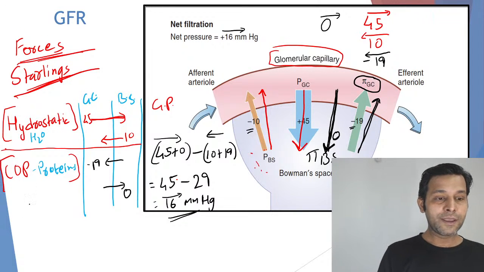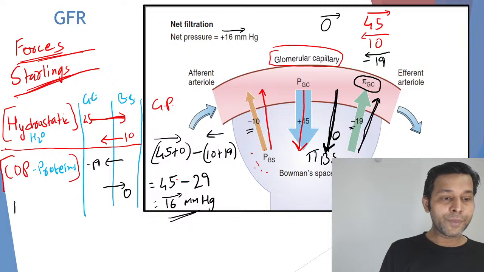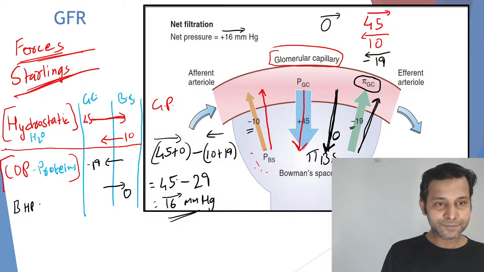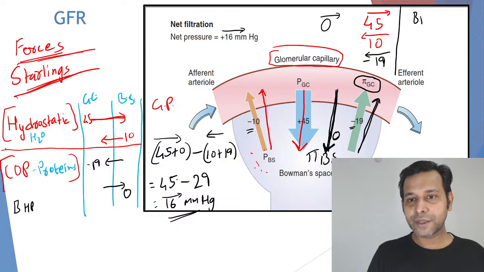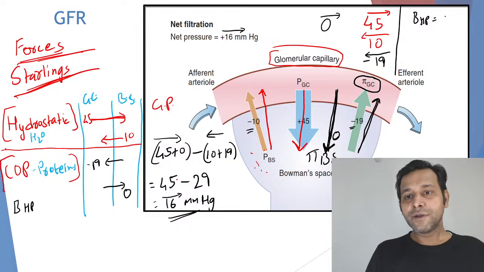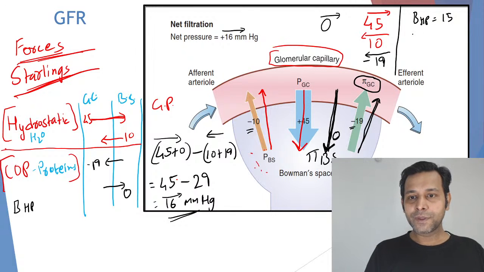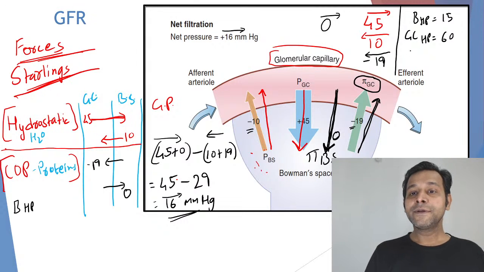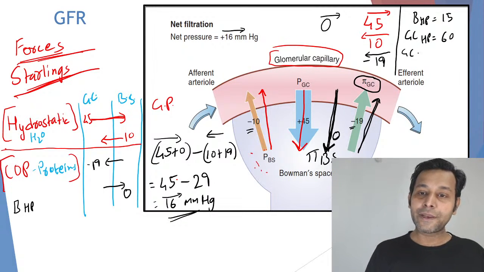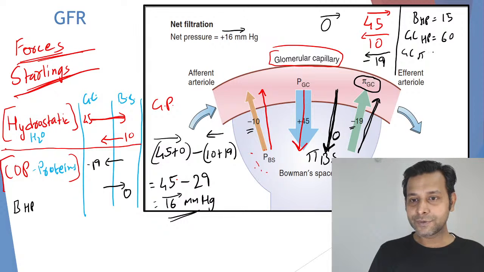Suppose the Bowman space hydrostatic pressure is 15, and glomerular capillary hydrostatic pressure is say 60, and the glomerular capillary oncotic pressure you can say is 30, and Bowman's space oncotic pressure you can say is 0.